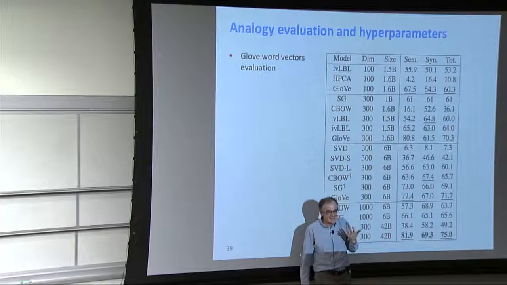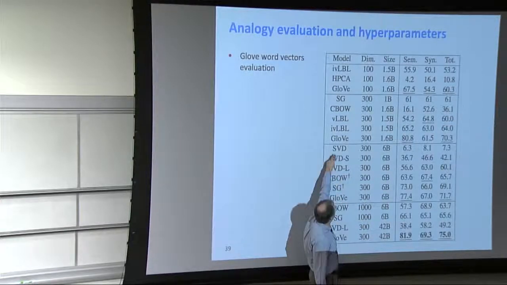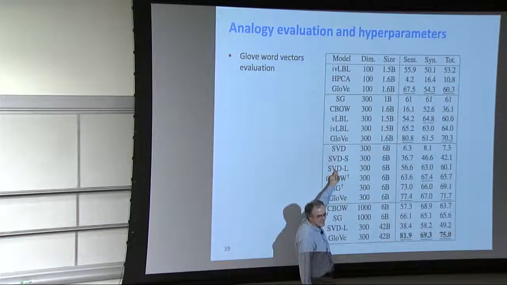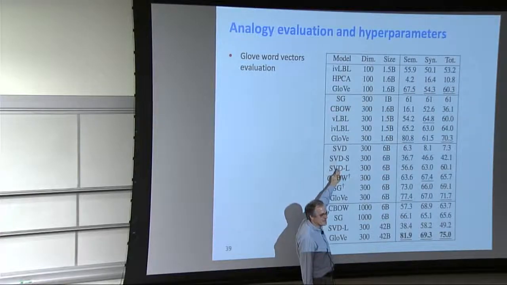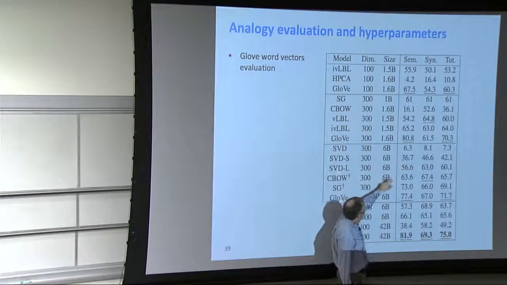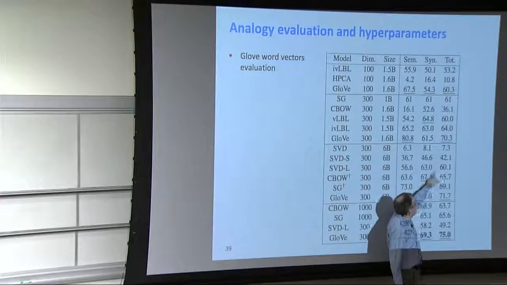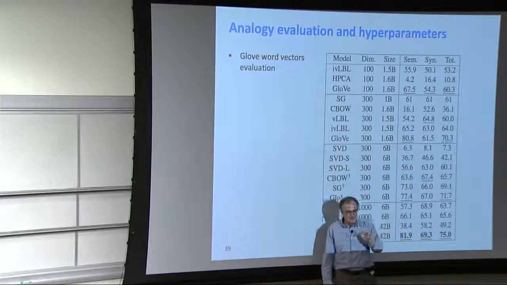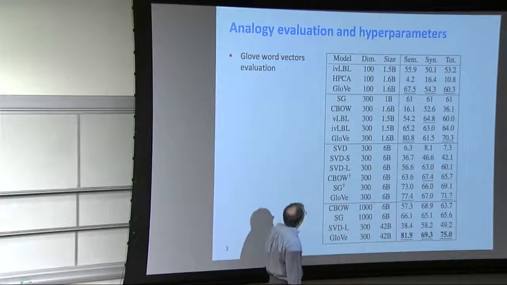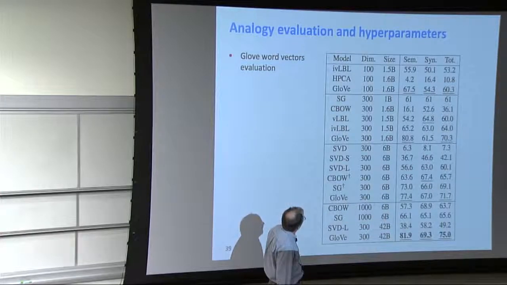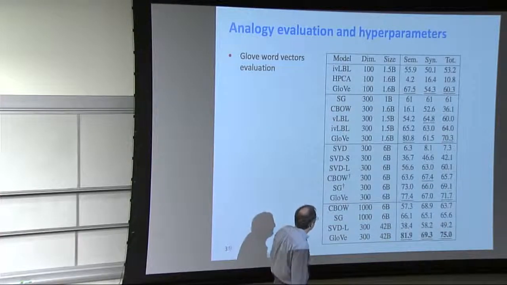But kind of as Doug Rohde showed, if you start doing manipulations of the count matrix before you do an SVD, you can actually start to produce an SVD-based system that performs quite well on these tasks, not badly against other things.